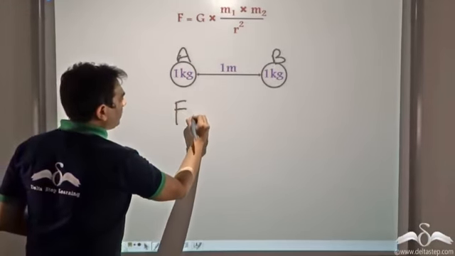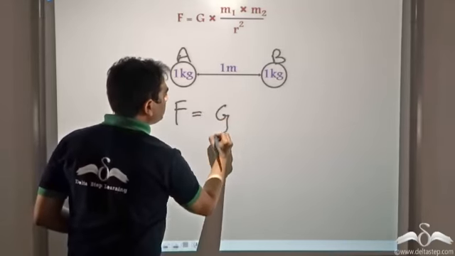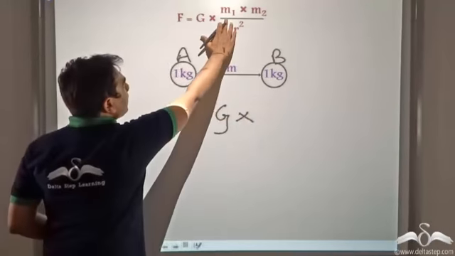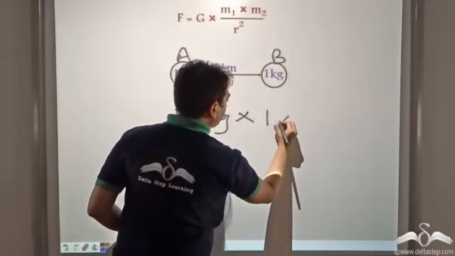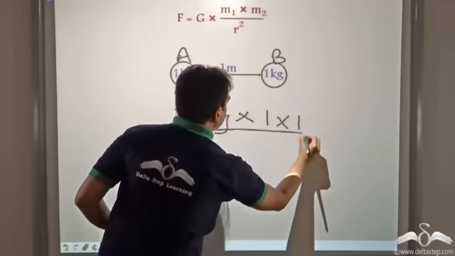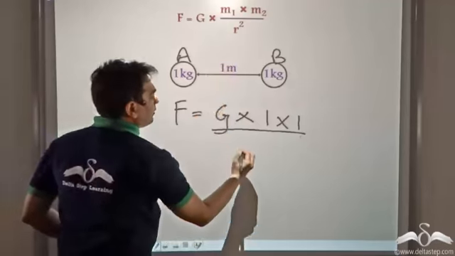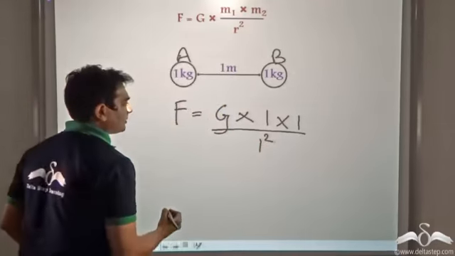Well, F would be equal to G into M1, which is 1 in this case, M2, which is 1 in this case, divided by R square, which is 1 square in this case.